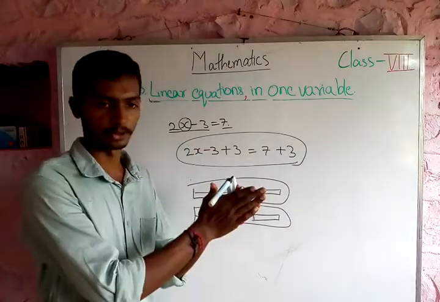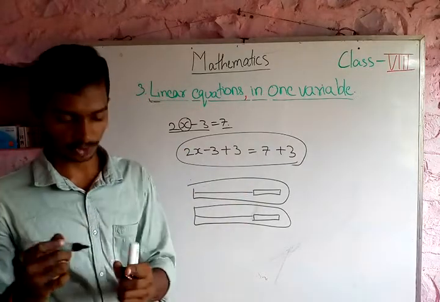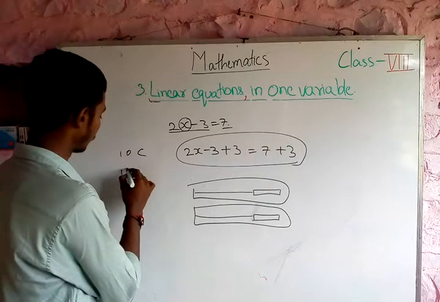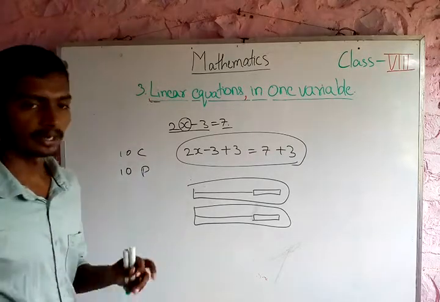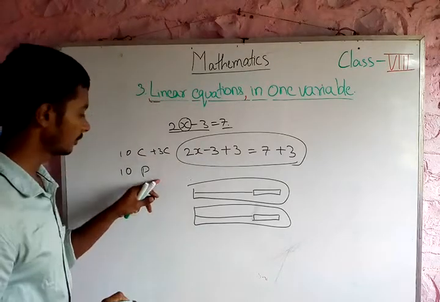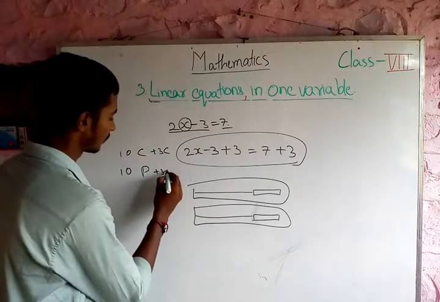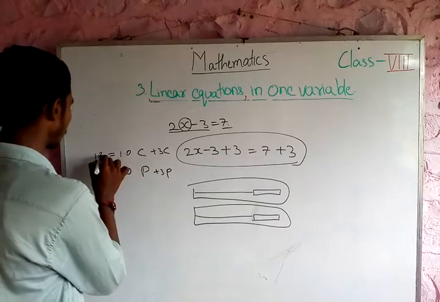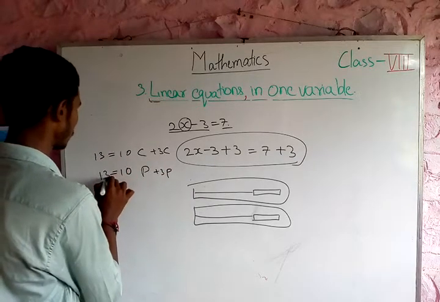If I have 10 coins and 10 pencils, and to these 10 coins I am adding 3 coins and to these pencils I am adding 3 pencils, then what will be the total number? This is 13 and this is 13.